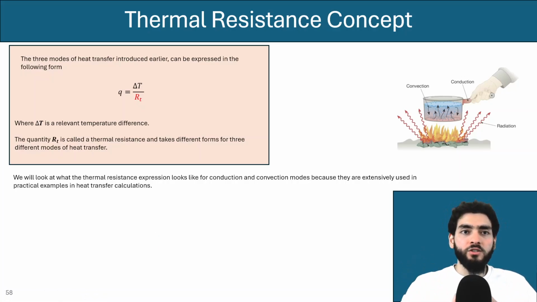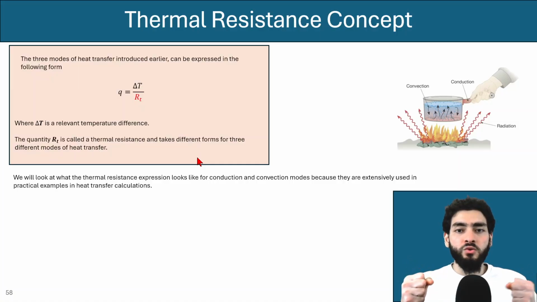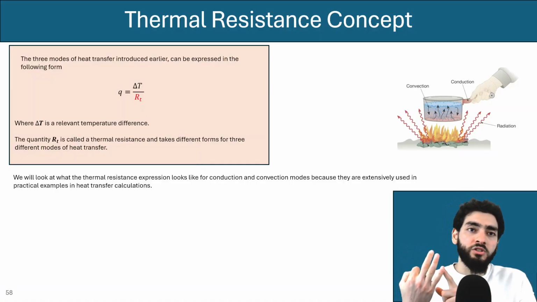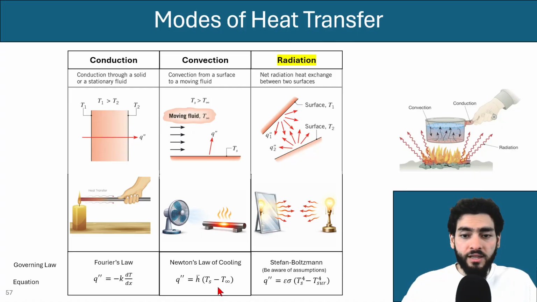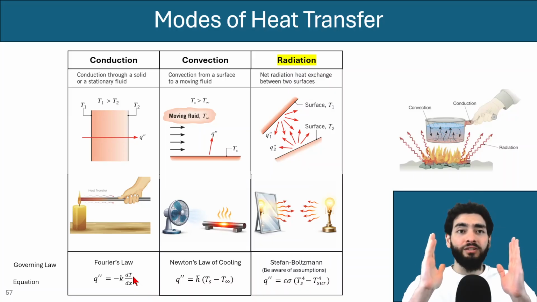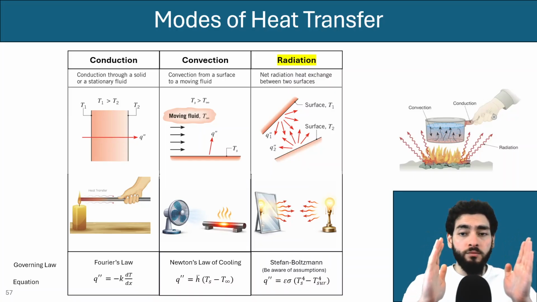So in this video, I just want to introduce the concept of thermal resistance. So far, I've introduced to you the three modes of heat transfer, which are conduction, convection, and radiation. And we've seen that in all of these equations, the equations depend on delta T. For Fourier's law, delta T is the temperature difference between both sides of the wall.